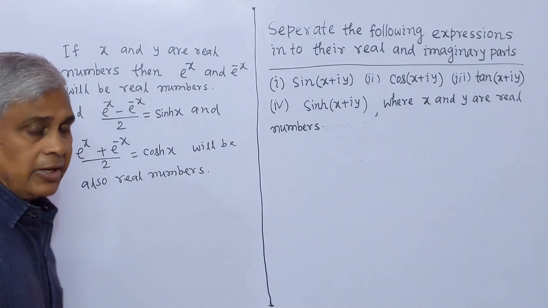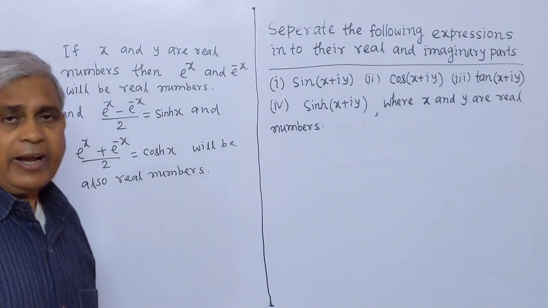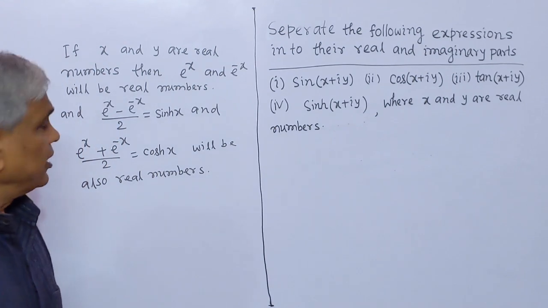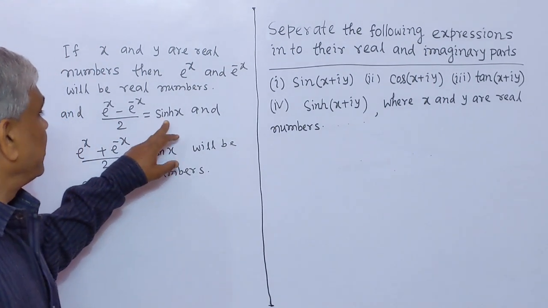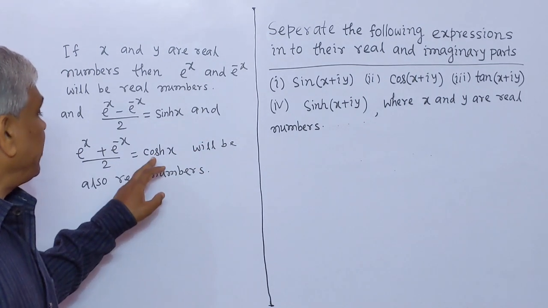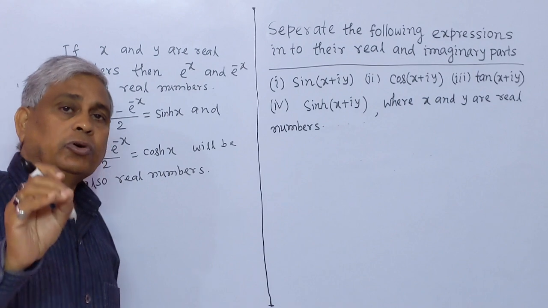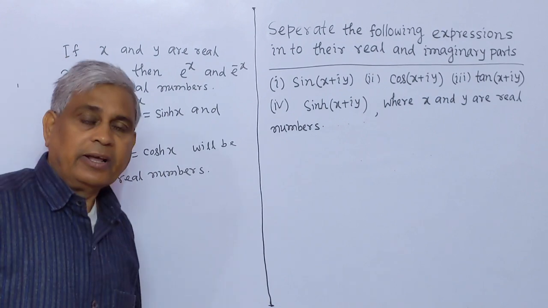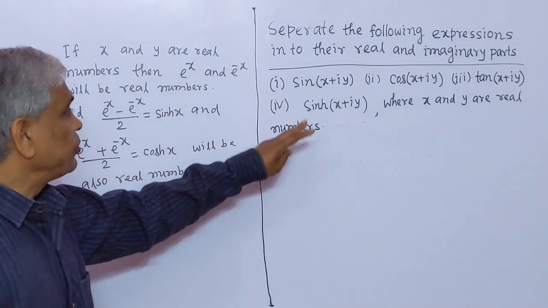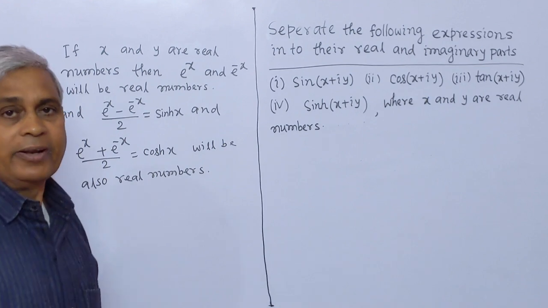That means if x and y are real numbers, then hyperbolic sine x and hyperbolic cosine x will be also real numbers. Now we solve these problems one by one.